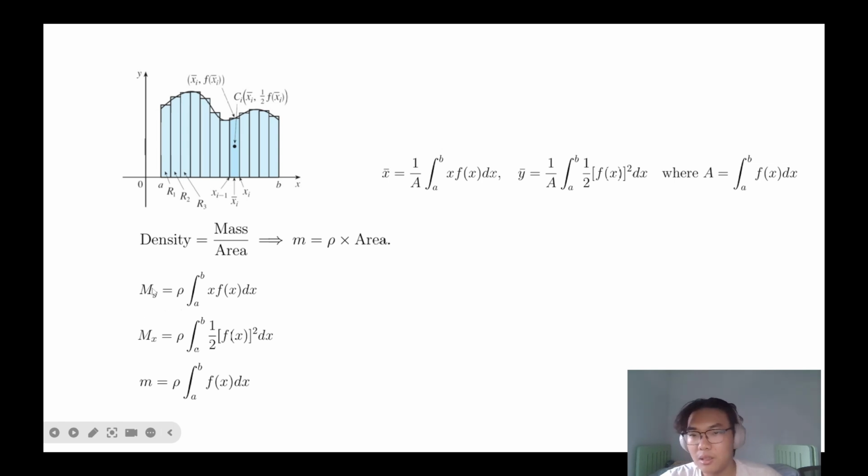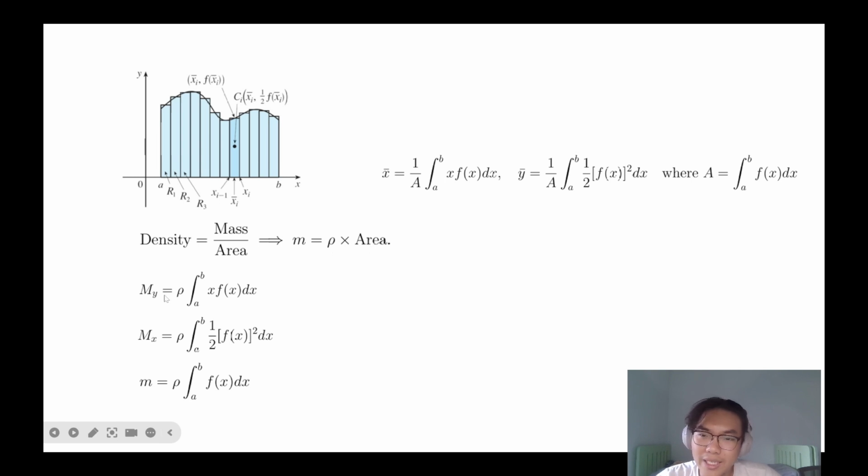Let me explain the moment about each axis. For the moment about the y-axis, the function is the position multiplied by the mass at that position. We use the density to express the mass, so that's density multiplied by area.